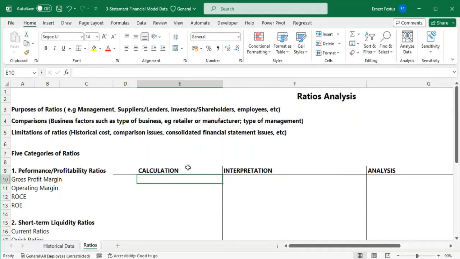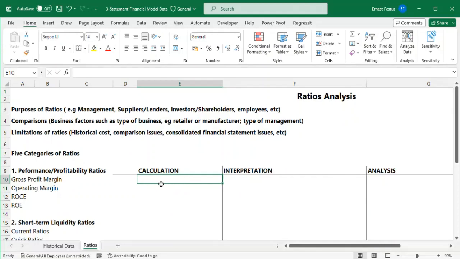In my previous video, I demonstrated how to use these ratios to build a three-statement financial model, and I made it clear that it is worth noting that understanding financial ratios, and how they are calculated and interpreted, is key in analyzing any financial statement. Therefore, in this video, we are going to learn how to do just that.